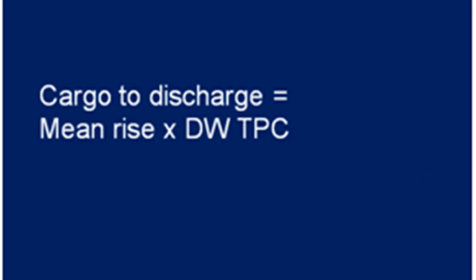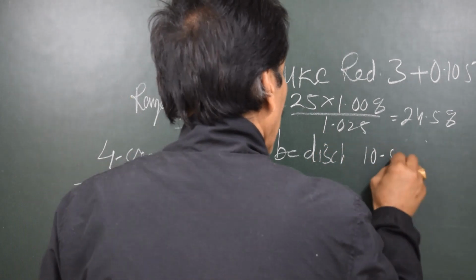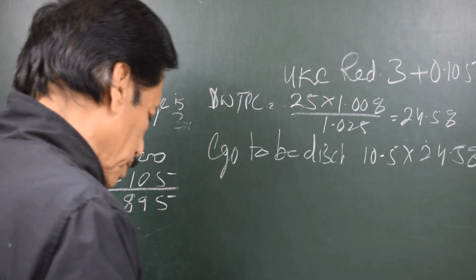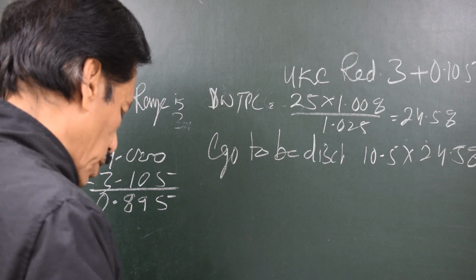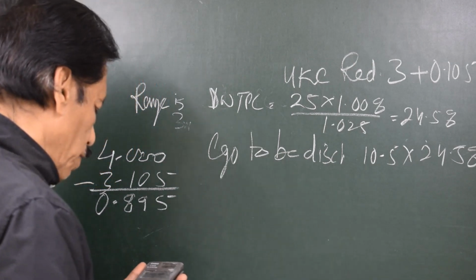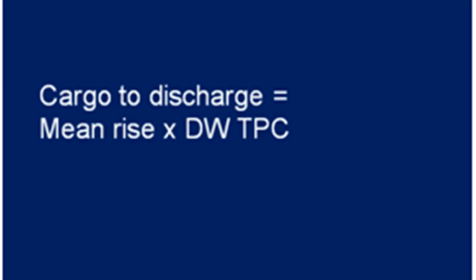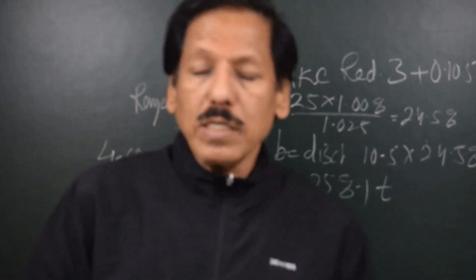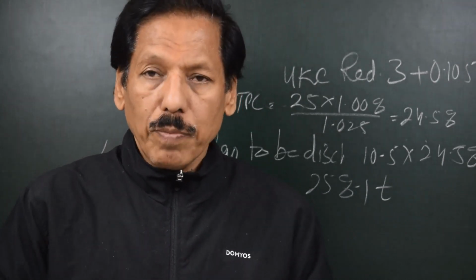So the amount of cargo to be discharged should be equal to 10.5 into 24.58, which gives me 258.1 tons. So in this situation, if we discharge 258.1 tons from the ship, then we will still have an under keel clearance of 1 meter at low water.